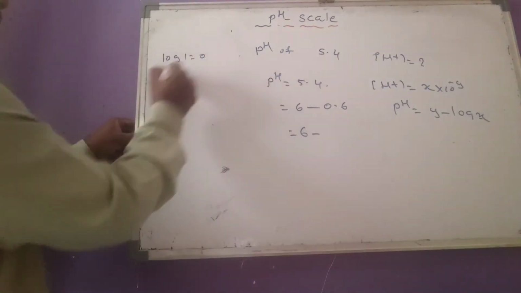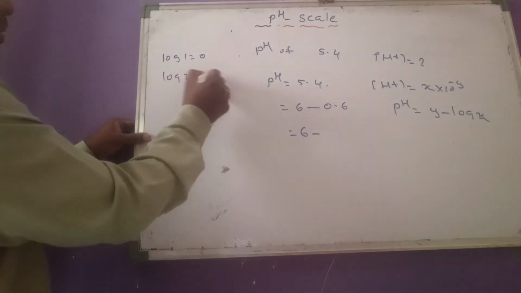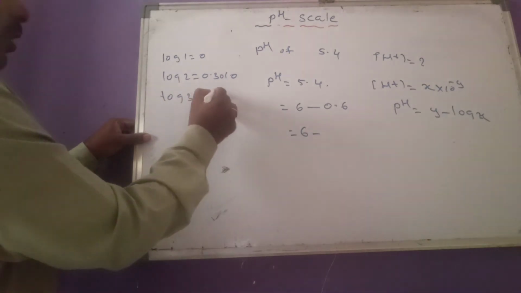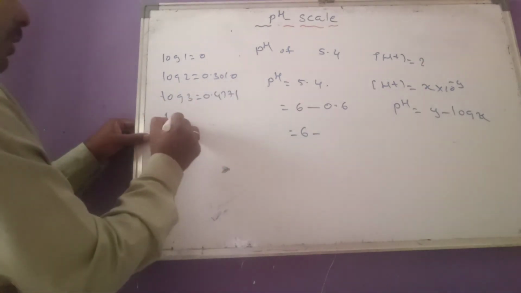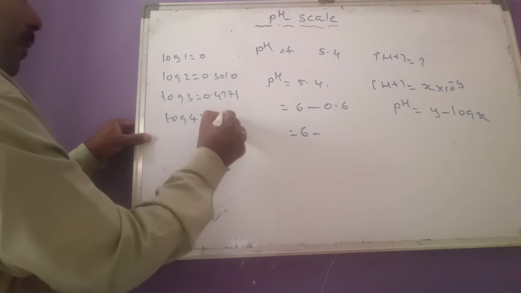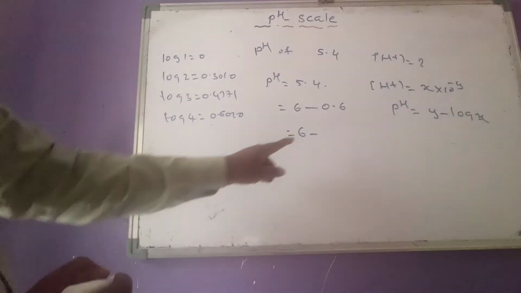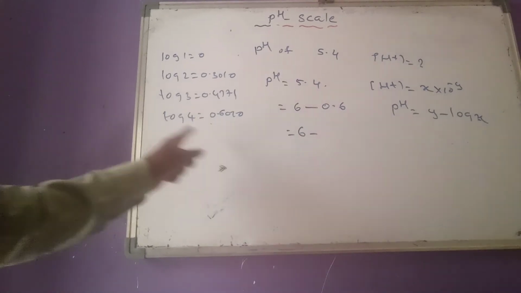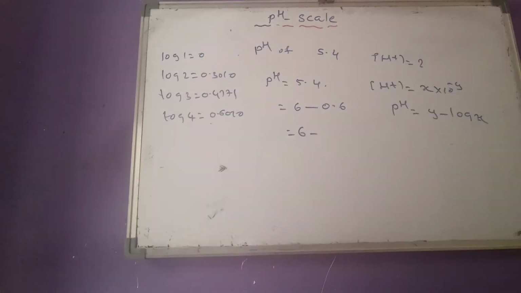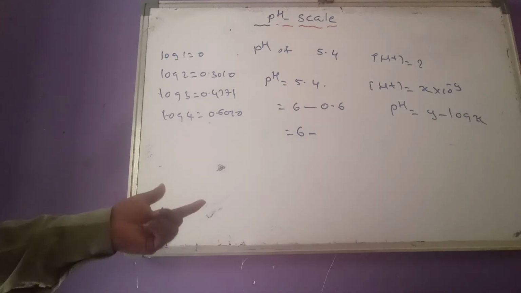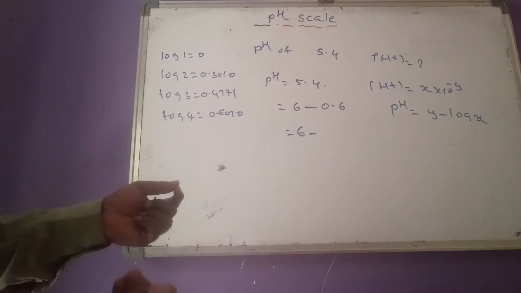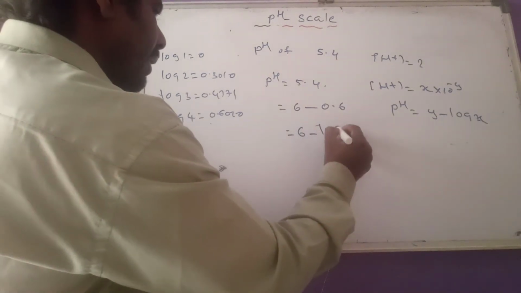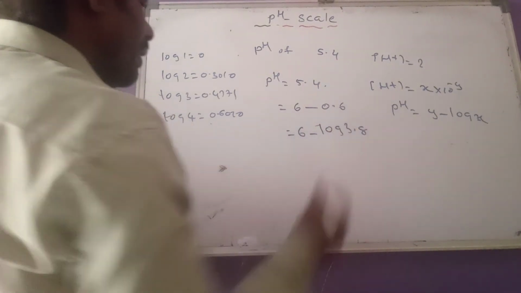Log 1 value 0, log 2 value 0.3010, log 3 value 0.4771, log 4 value 0.6020. That means 0.6 is approximately near to log 4, but not exactly log 4. So just decrease 0.1 or 0.2 like that. So this can be written as log 3.8.